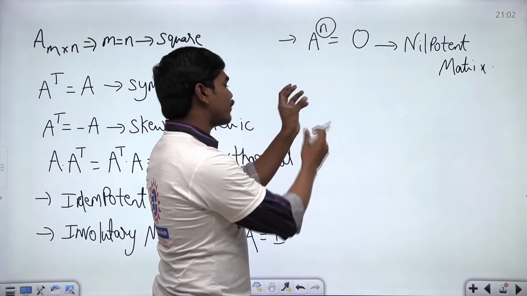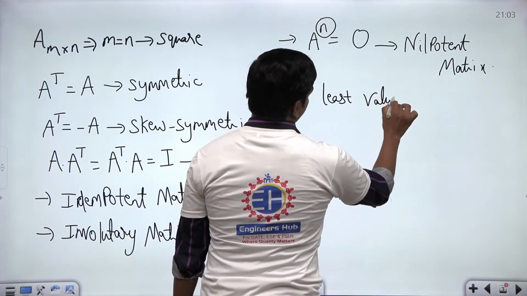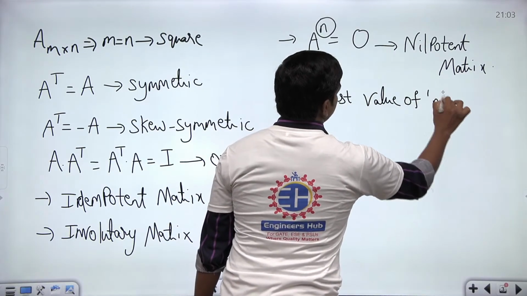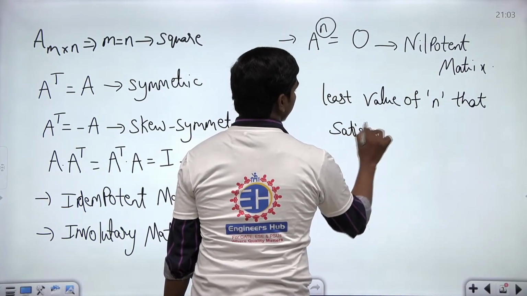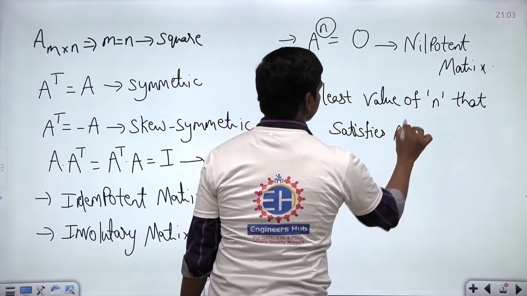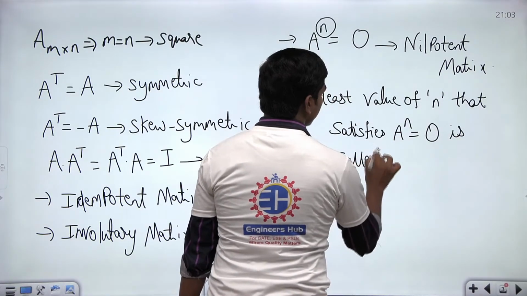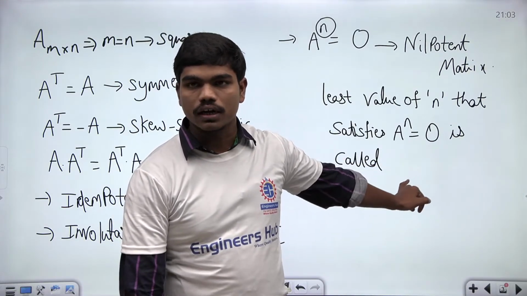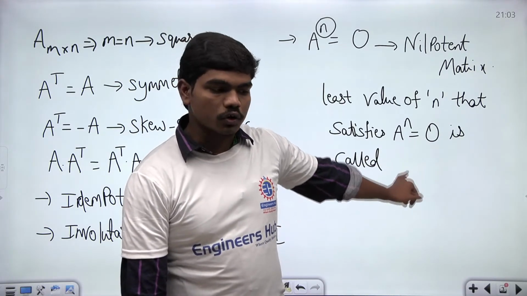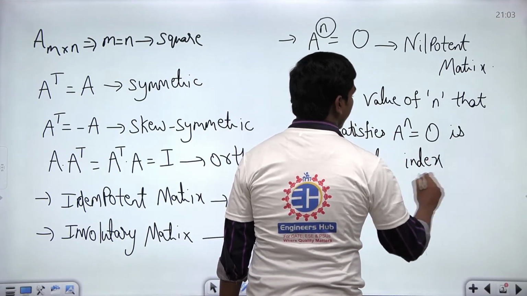And the least value of n that satisfies A power n is equal to 0 is called, can you tell me what is this n called? What is the least value of n which satisfies this A power n is equal to 0 called? Can anyone tell me what could be this value? It's nothing but the index of this nilpotent matrix. So we have seen all these things.